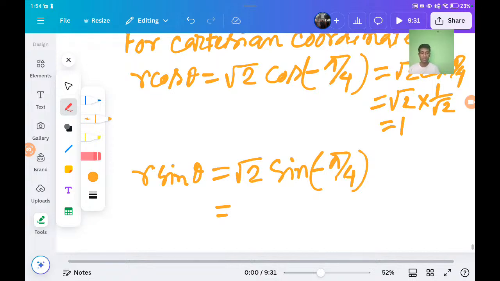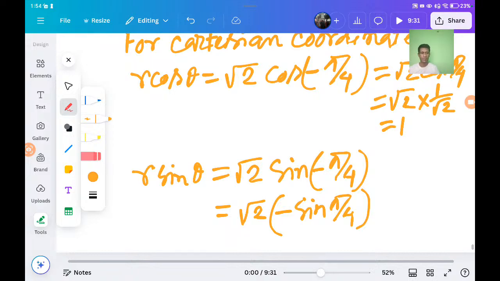Why am I writing this? Because the sine function is not an even function, so sine minus theta equals minus sine theta.